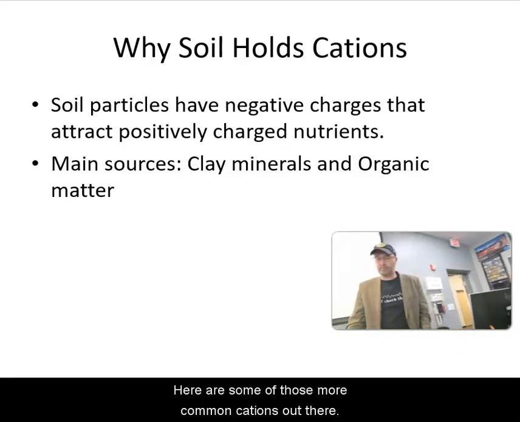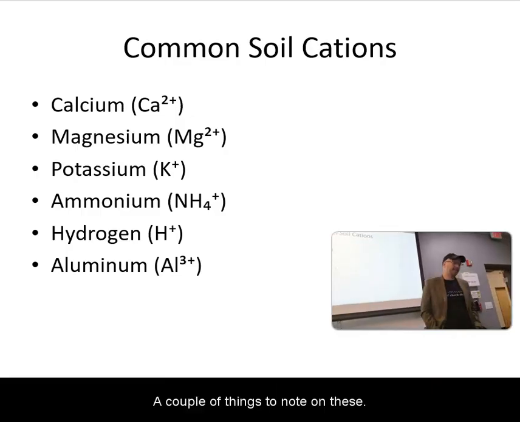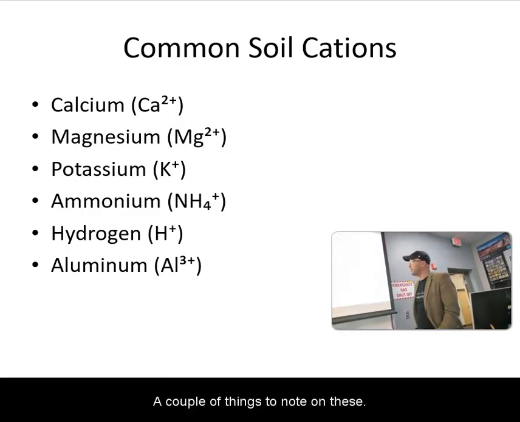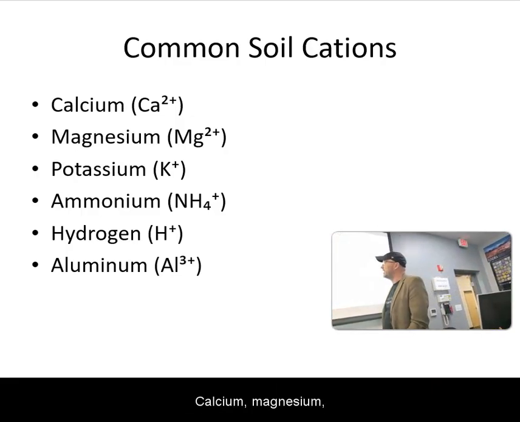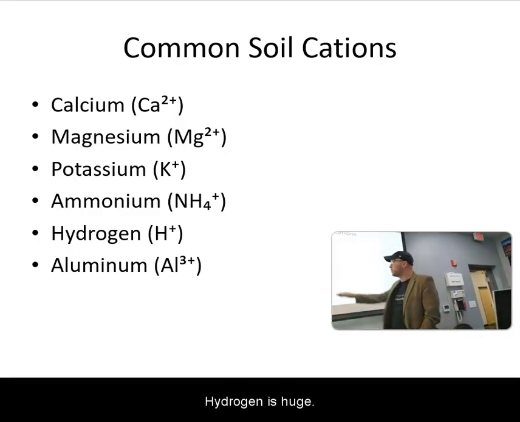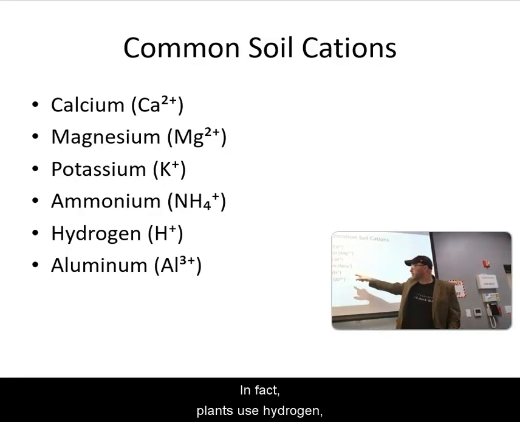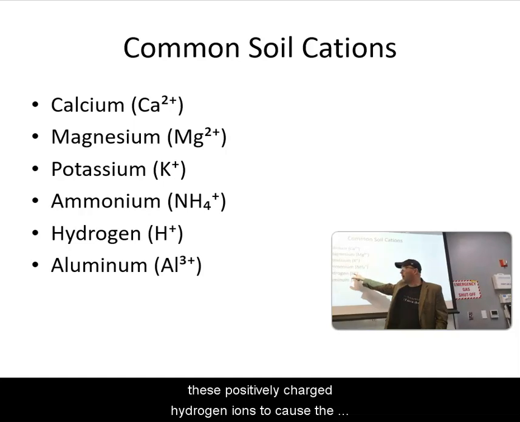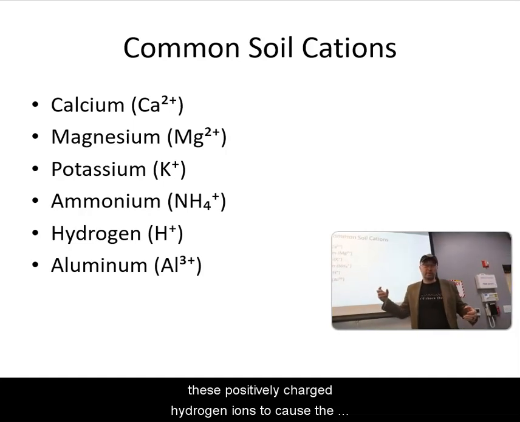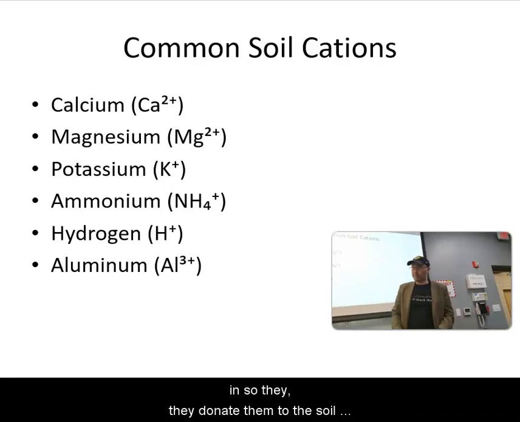Here are some of those more common cations out there. A couple of things to note on these. First of all, calcium, magnesium, potassium, ammonium, hydrogen. Hydrogen is huge. In fact, plants use these positively charged hydrogen ions to cause the soil to give up its nutrients and pull them in.